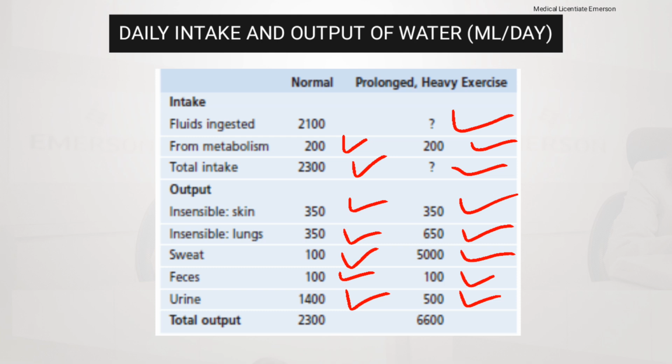Then the total output is 2300, and on heavy or prolonged exercise it's 6600. This is the daily intake and output of water that you are supposed to take into consideration.